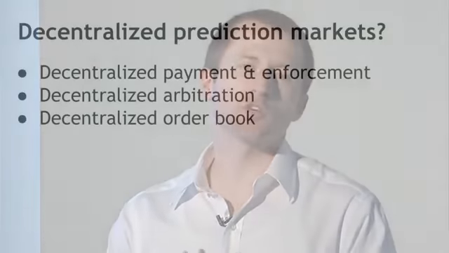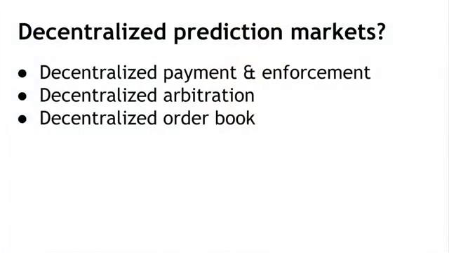Again, decentralization being the name of the game with Bitcoin. There's a couple of tasks that we'll have to decentralize to make a decentralized prediction market work. We need payment and we need enforcement of bets that people are making. That all has to be decentralized. We're going to need decentralized arbitration. Arbitration is the process of asserting which outcomes have actually happened.